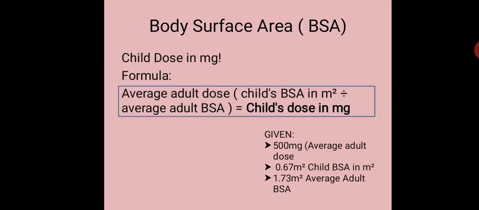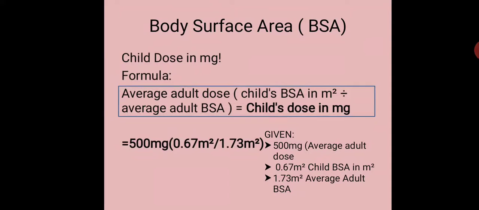We also need the average adult BSA, which is 1.73 meters squared. That 1.73 meters squared is a constant, so every time we encounter a problem that asks for the average adult BSA, we put 1.73 meters squared. Let's compute the problem.